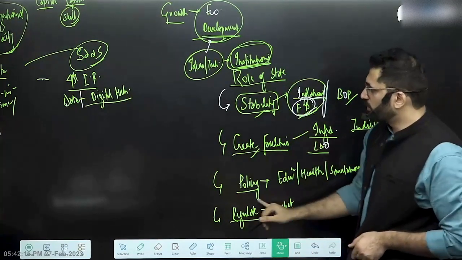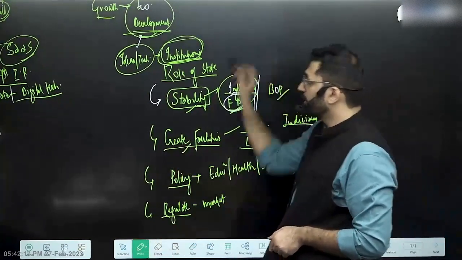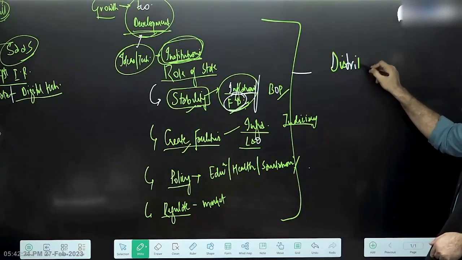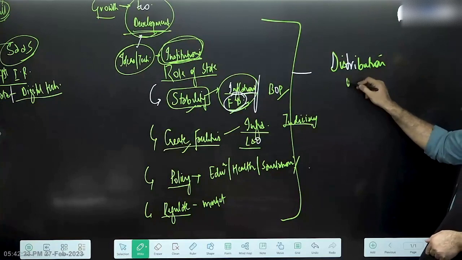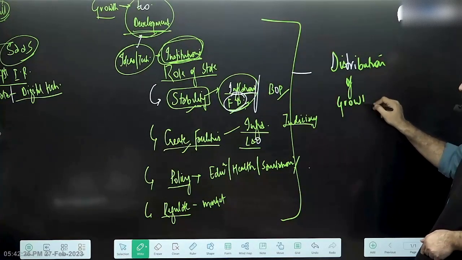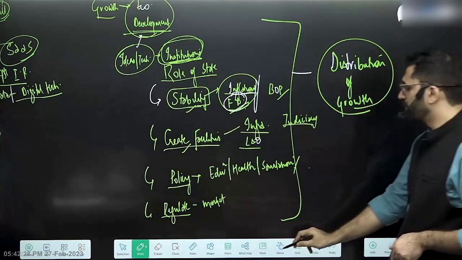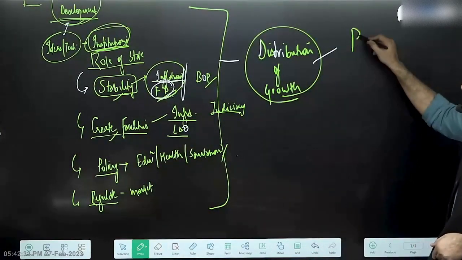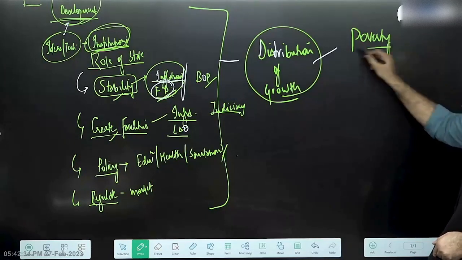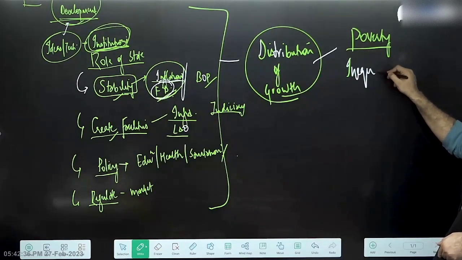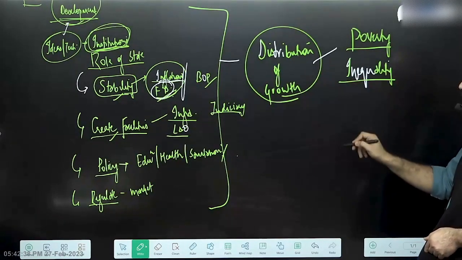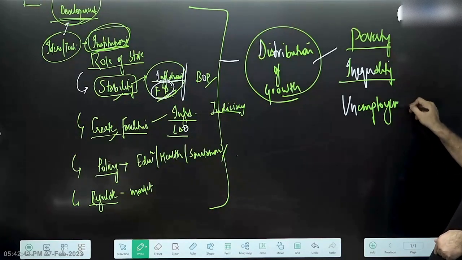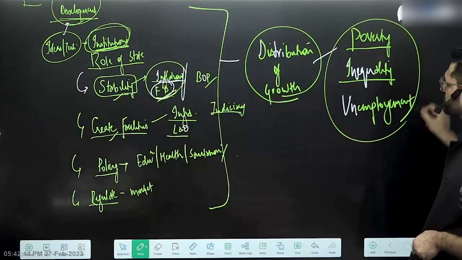One of the problems with this type of approach was, what about the distribution of this growth? This is where the debates on inequality could have various dimensions.